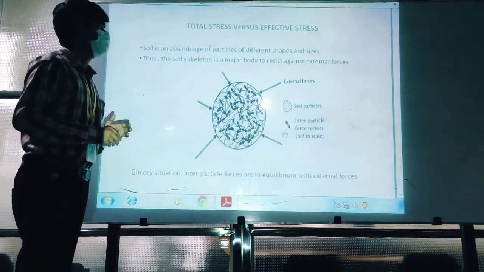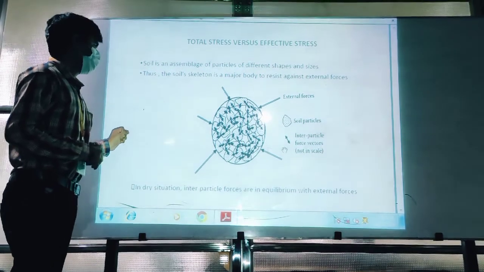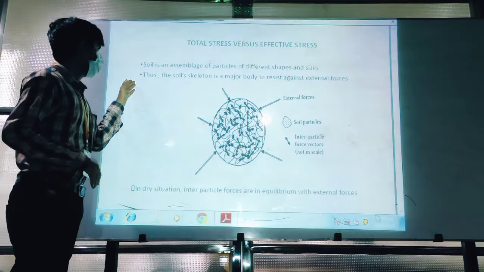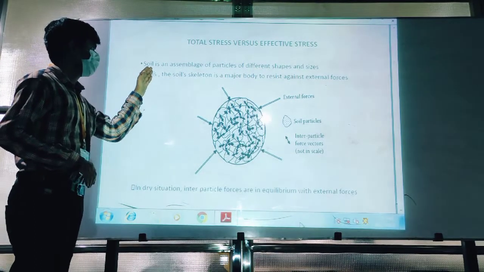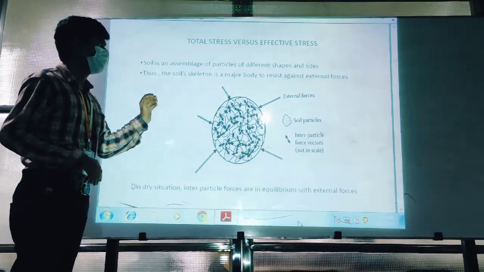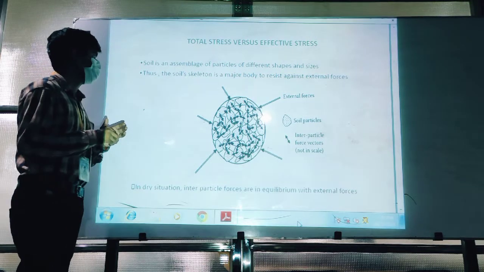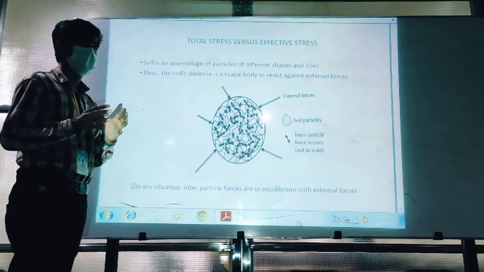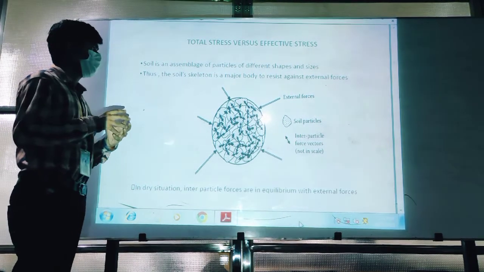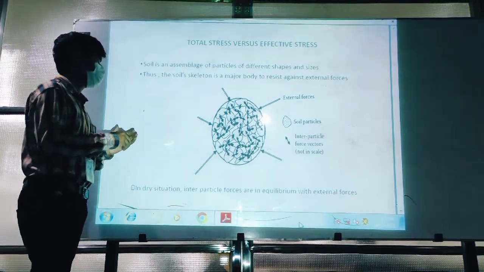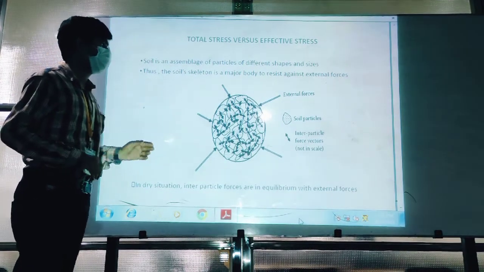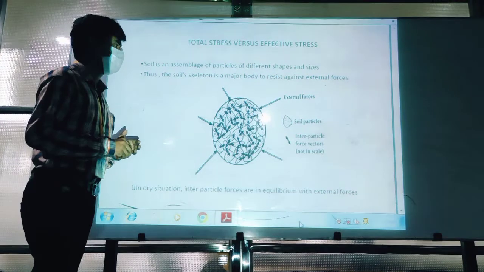Stress versus effective stress. Here in this diagram we can see the statement of soil. In the first statement we can see that soil is an assemblage of particles of different shapes and sizes. Explanation of this statement: soil is actually a mixture of particles of different shapes and sizes. The second statement says the soil skeleton is the major body to resist against external forces.